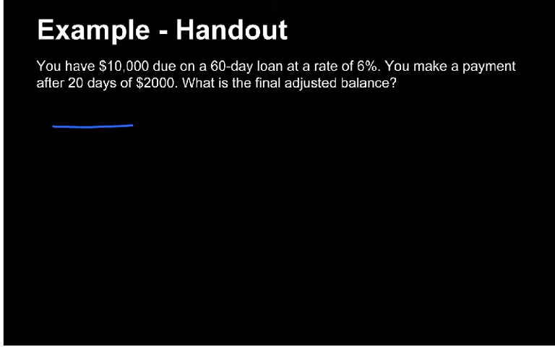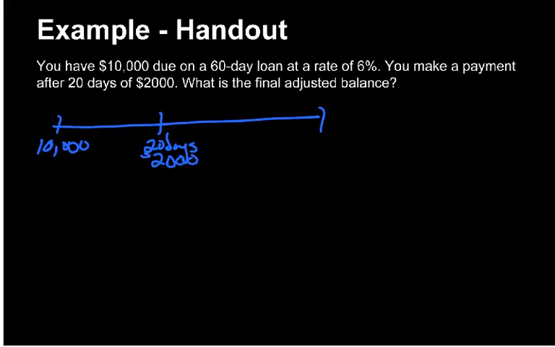So I'm going to lay out a little timeline here, and we basically have $10,000 due, and then we have 20 days, and then there's a $2,000 payment. And then the entirety of the loan is due after 60 days.